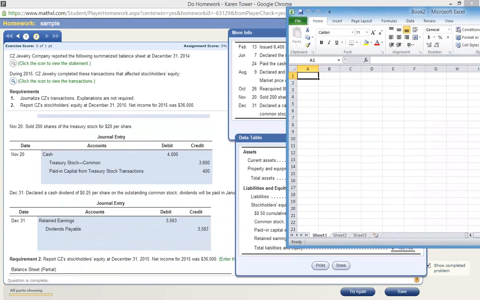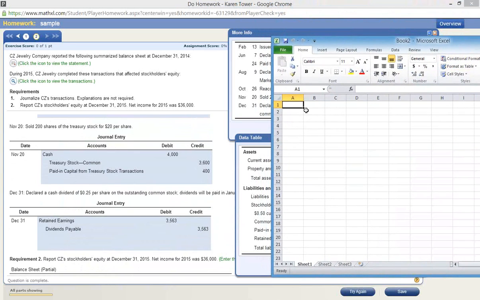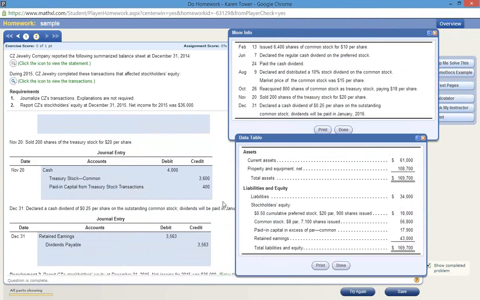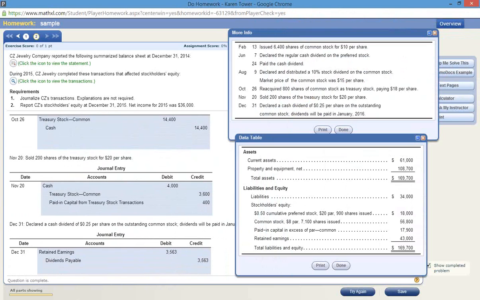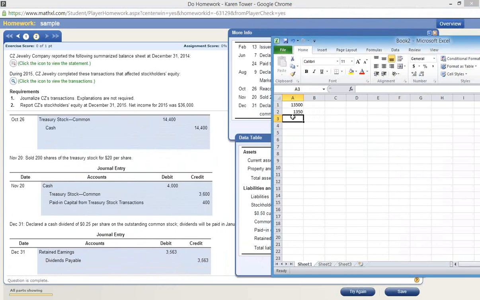Okay, so to come up with that number, we had the 13,500. We issued another 1350, right? We had the 13,500 outstanding. We issued another 1350 in the stock transaction. We purchased back, how many did we purchase back? We purchased back 800 shares, so minus 800 where we bought the Treasury stock, and then we sold 200 of those.